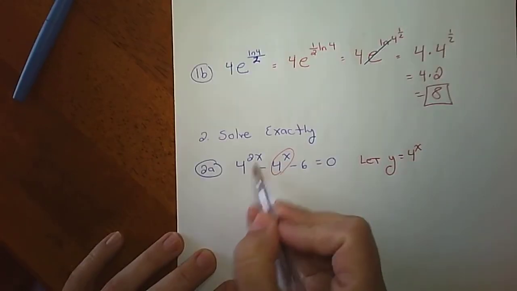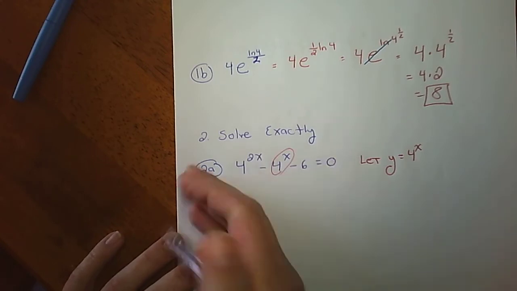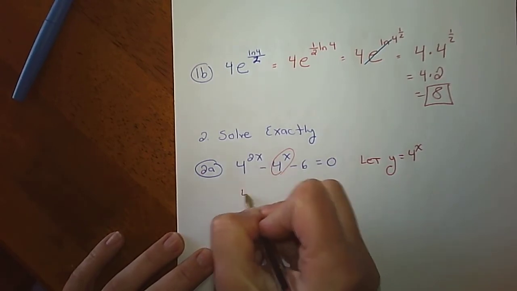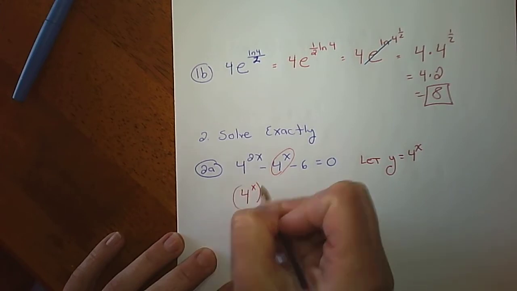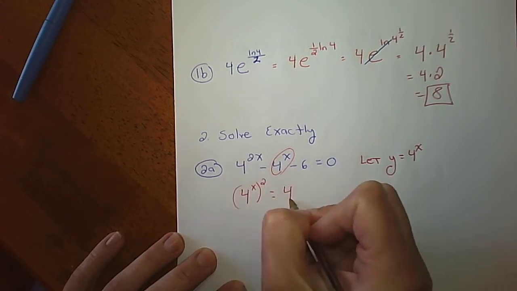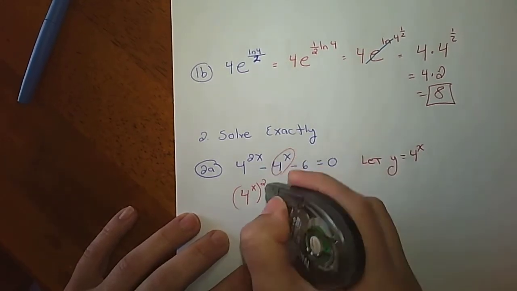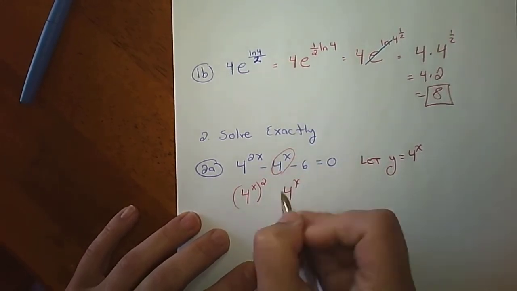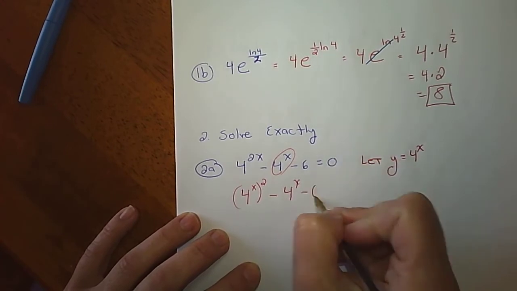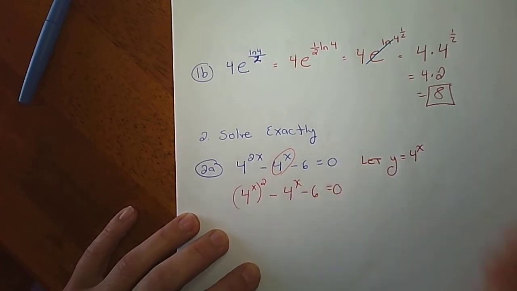And the way you want to think about this is, if I were to rewrite this question, it would be 4 to the x squared minus 4 to the x. That's supposed to be a minus. Fix that. Minus 4 to the x minus 6 equals 0.